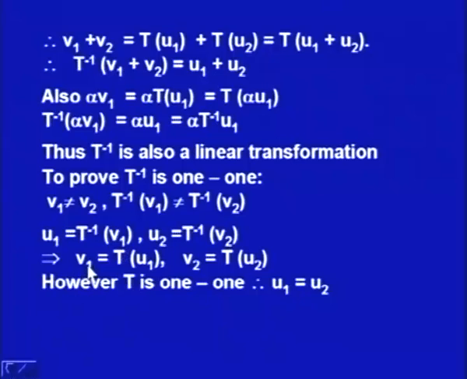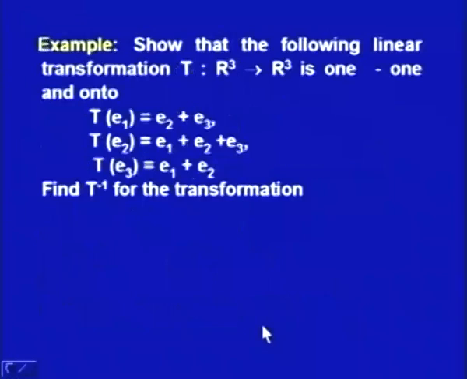With this, V1 is equal to TU1 and V2 is equal to TU2. Since T is 1-1, V1, V2 being different means TU1, TU2 are different, so U1 is not equal to U2, and hence T inverse is 1-1. So, if we have a 1-1 linear transformation T, then T inverse is also a 1-1 linear transformation.